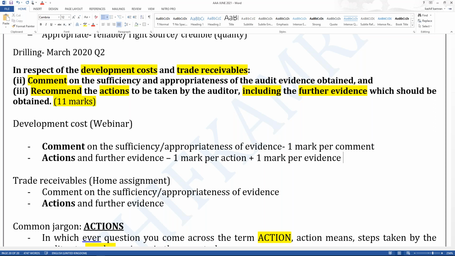Irrespective of whether I have more points in development cost and less in trade receivable, or more points in trade receivable and less in development cost, my total number of points should be how much? Everyone? 11. Thank you.